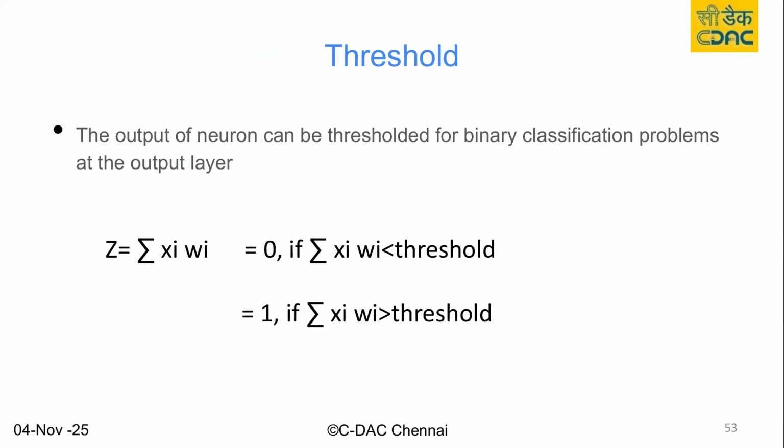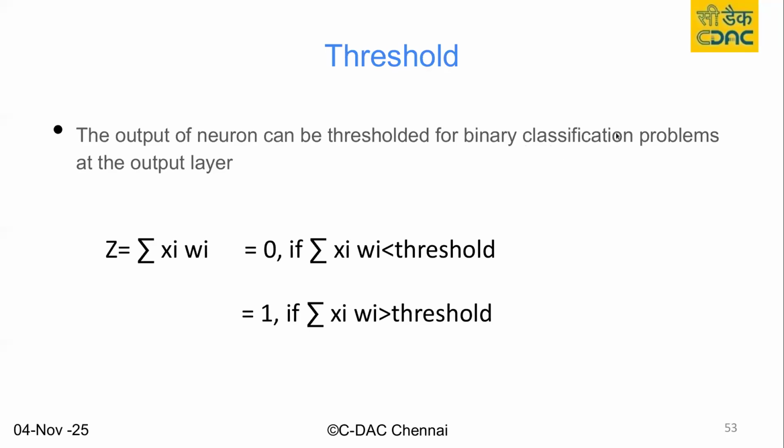So the output of a neuron can generally use a threshold for a binary classification problem. A binary classification problem means there are only two classes, for example normal and abnormal in the case of X-ray. But if you are classifying 14 diseases, then it is not a binary classification problem.